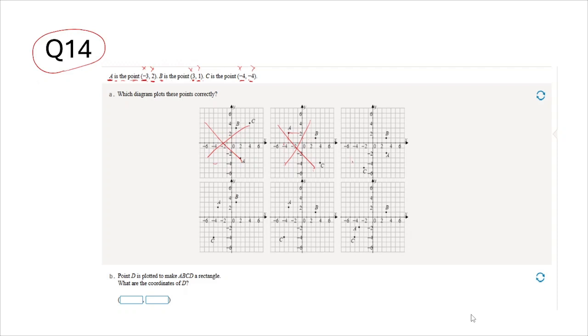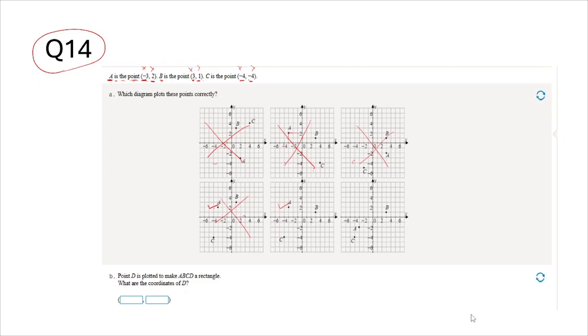This figure is also wrong because point A is in a different location. Let's see the next one. This is minus 3 and 2, so A is right. For B, it's saying 3 and 1, but B is here, so it's wrong. In this one, A is minus 3 and 2, the right point.